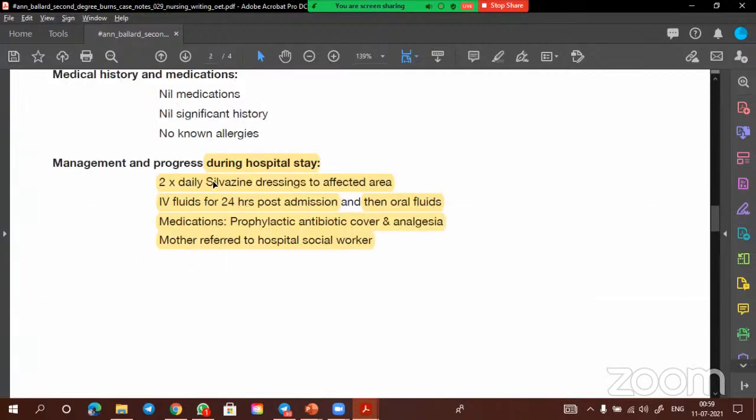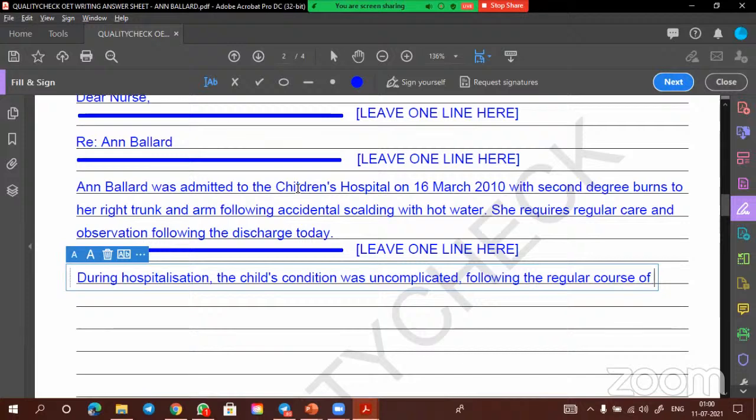Don't write silver here. Daily dressings. Just keep it simple. Minimize this one because this is not important to the nurse. Write as little as possible here.